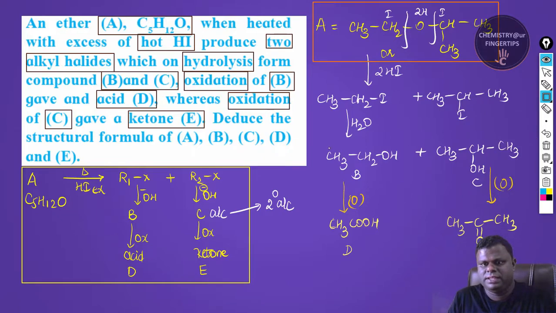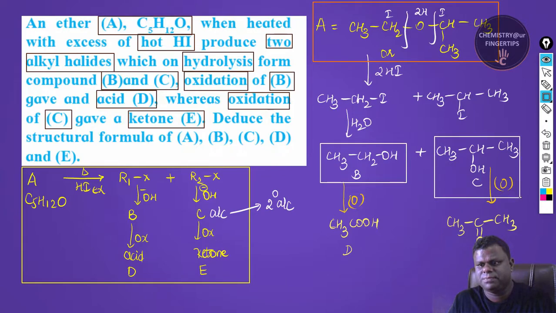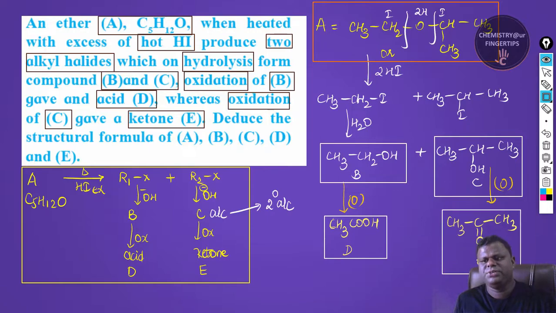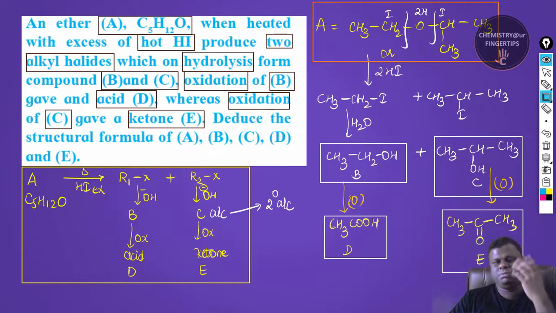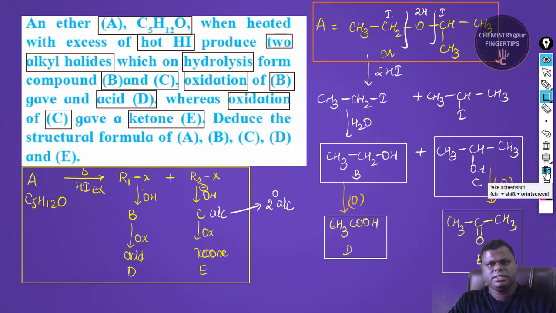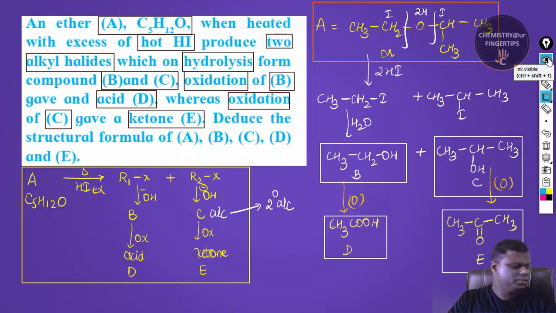And then this is B, this is C, and then you have D, and then you have E. Now it's your choice whether you write down the formula and name of these compounds, but they have simply asked for the structural formula, so I don't think you need to bother much. But it's always better if you write down the name as well. So this is basically the correct answer. I hope you have understood this. Now let's move on to the next part.